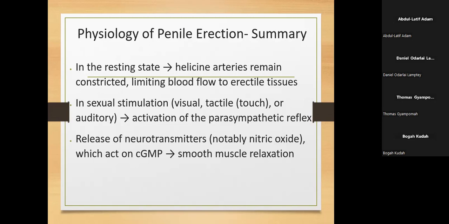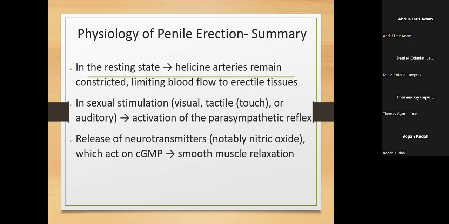You can read a little bit about the G-spot if you don't know. Even the nipples, the breasts, and all those areas, when you touch them, somebody will feel sensations, and we call those areas erogenous zones.